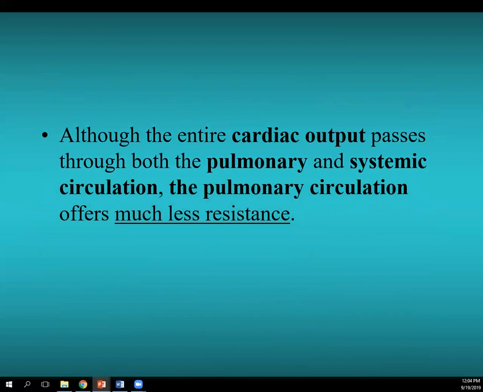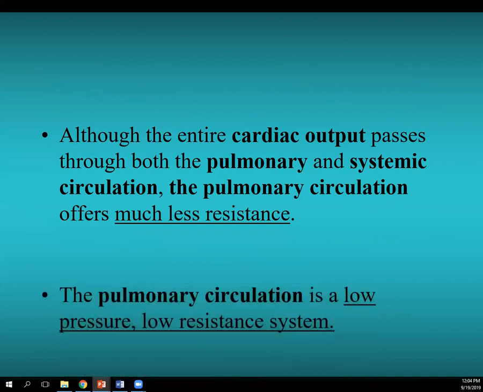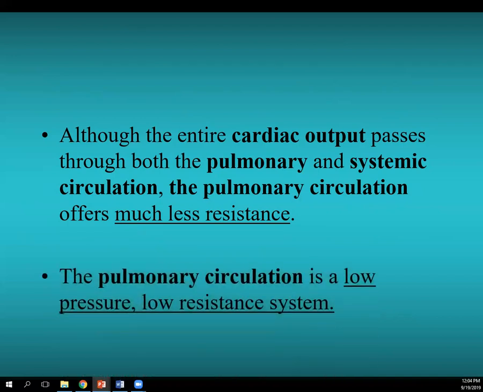So although the cardiac output passes through both the pulmonary and the systemic circulation, the pulmonary circulation offers very low resistance, because the pulmonary circulation is a low pressure, low resistance system. So be sure you remember that, because that is a test question. Always pulmonary, lung, heart, very low flow, low resistance.